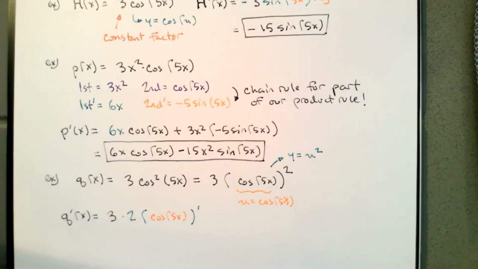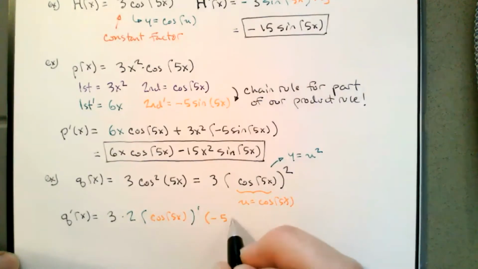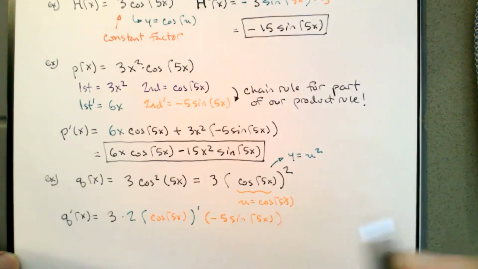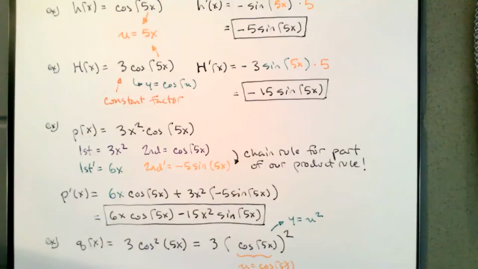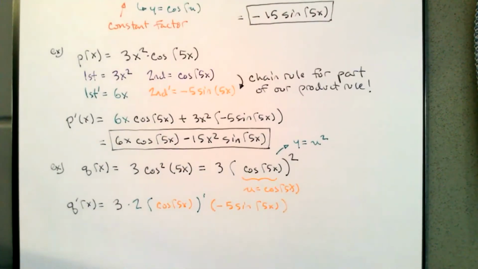And the derivative of cosine of 5x is negative 5 sine of 5x, based on our first example on this page, based on this example way up here. So the derivative of cosine of 5x is negative 5 times the sine of 5x.